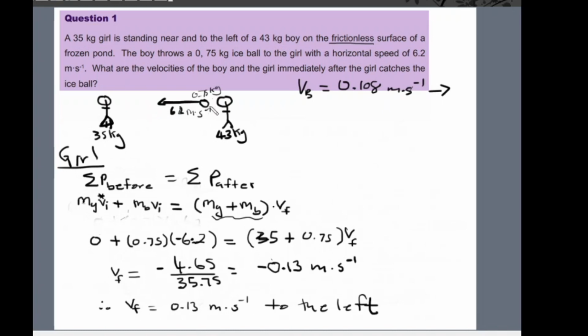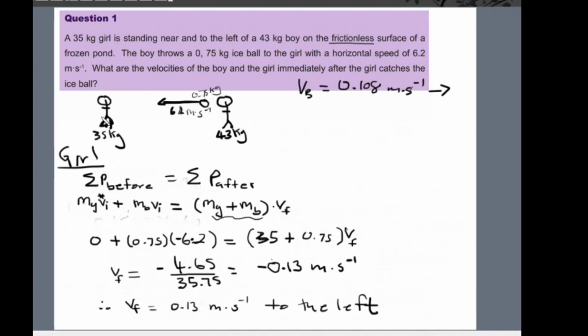So first scenario, the girl, the ball and the boy are one system, and then as the boy throws away the ball, it's an explosion. They are separated now, right? And then second scenario, it's a collision between the girl and the ball, right?